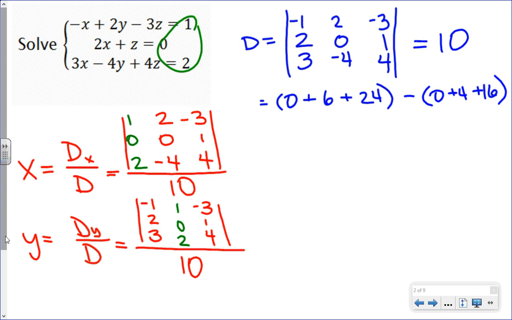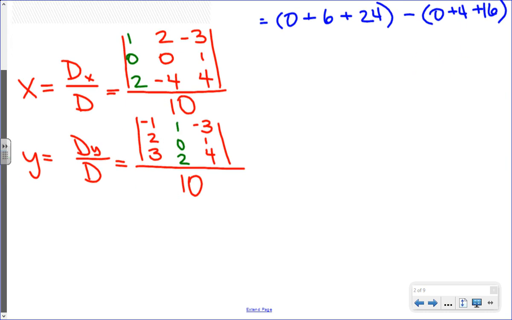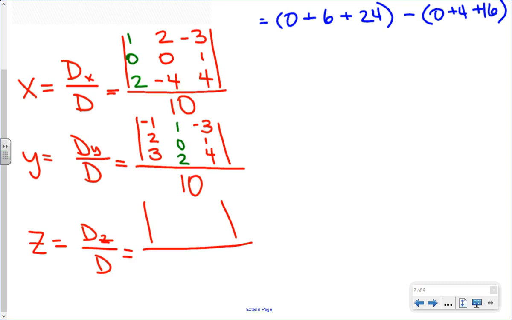And we're still dividing by 10. Then to solve for z, same process, except now our numerator determinant has the constants 1, 0, 2 as the z column, our x column remains negative 1, 2, 3, and our y column remains 2, 0, negative 4. We'll divide by that determinant of 10 that we already found.